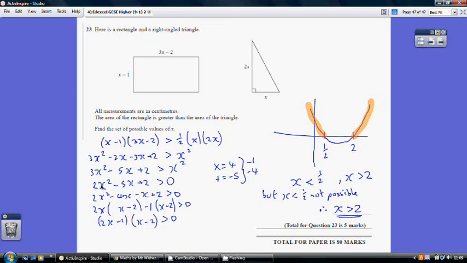Well, they multiply to be the 2 times the 2, which is the 4, but they add to be the coefficient of the x, which is the minus 5. What two numbers multiply to make 4 but add to be minus 5? That's minus 1 and minus 4. So I can split this minus 5x down into a minus 1x and a minus 4x. Doesn't matter which way round, I've gone this way.